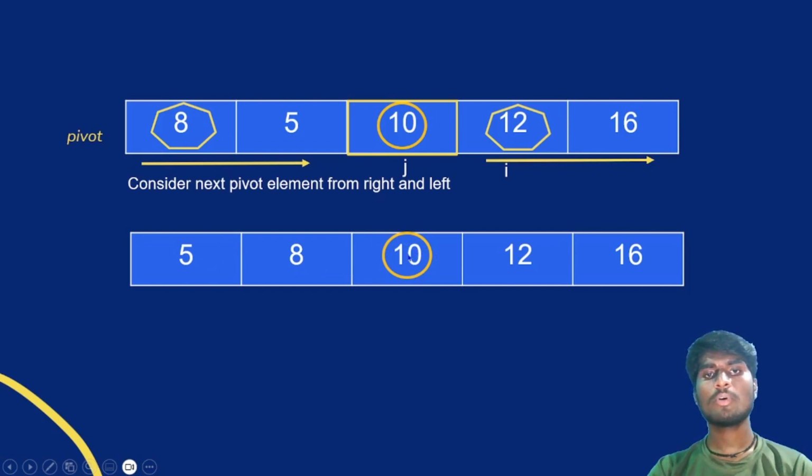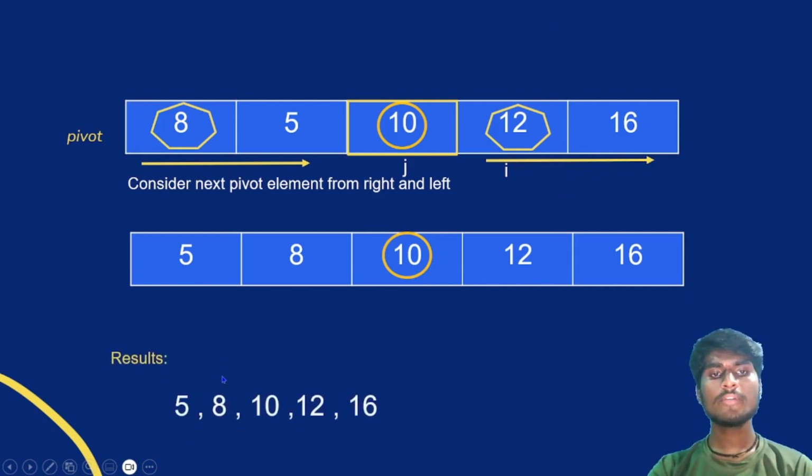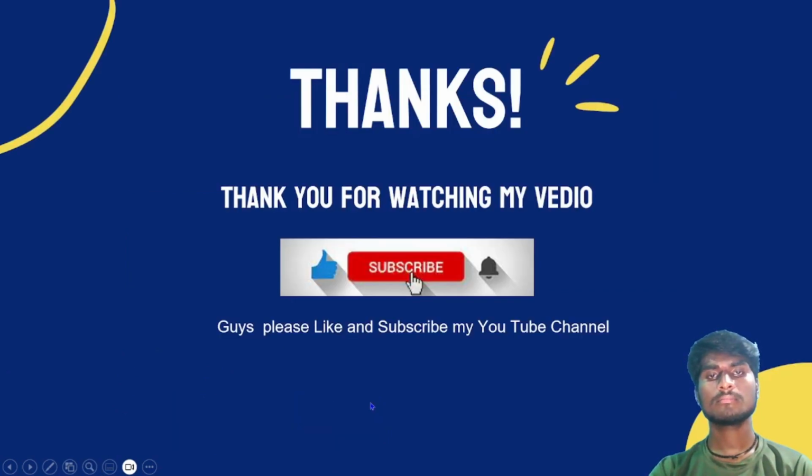And we have already solved this pivot element and the sub-pivot element, the partition element. This one we can't swap because it is already sorted, but we also need to check the elements' eligibility, or check the rules. Then the result we got is 5, 8, 12, 10 and 16.